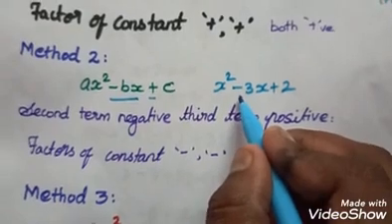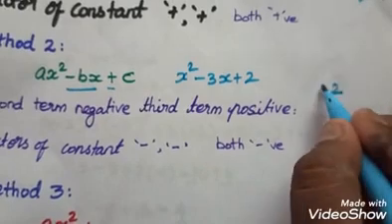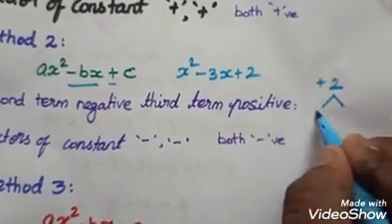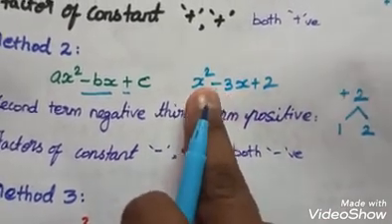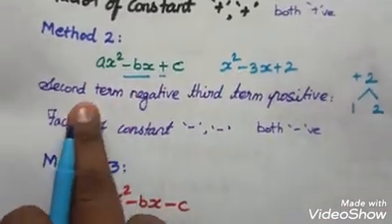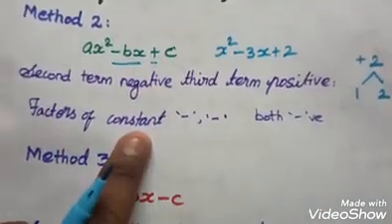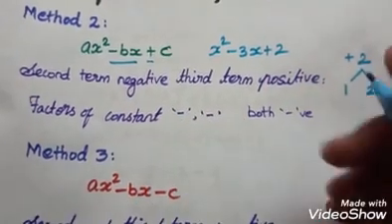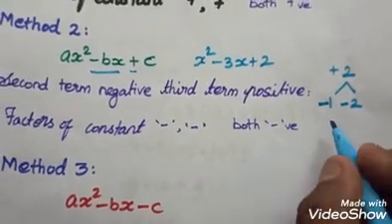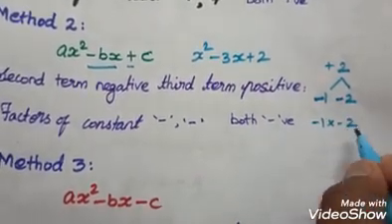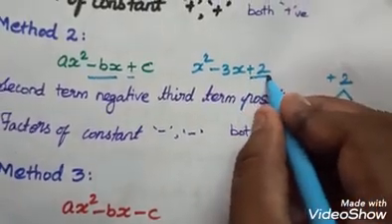I take plus 2, the factors are always 1 and 2, but the second term is negative. If the second term is negative and the third term positive, what is the condition? The factors of the constant are both negative: first minus 1 and then minus 2. Just take the product: minus 1 into minus 2, minus into minus gives plus, 1 into 2 is 2.